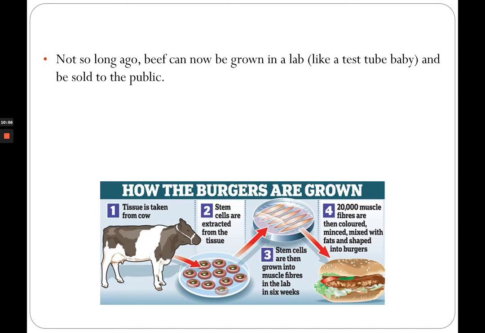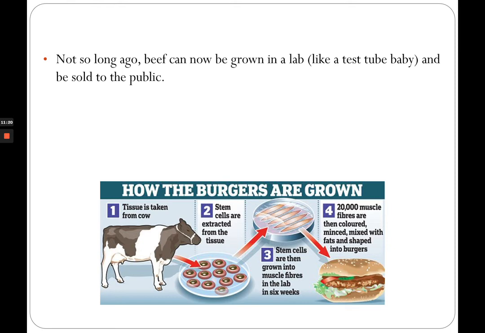The turnaround time is listed here as 6 weeks in the lab. So it takes about 6 weeks to grow meat, because once that muscle fiber is grown in the lab, they'll basically mix it, mince it, and shape it into traditional hamburger patties.